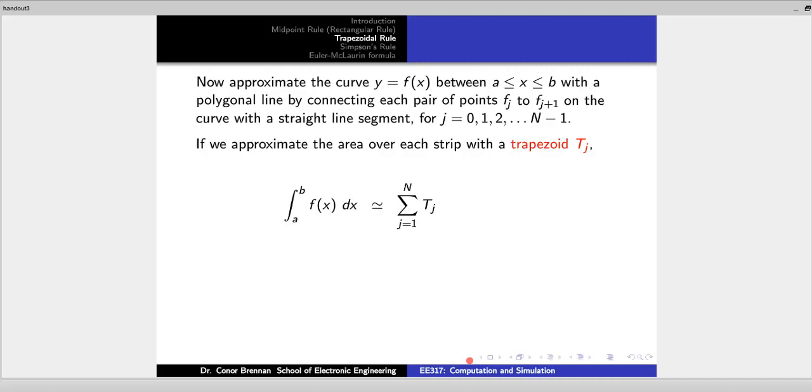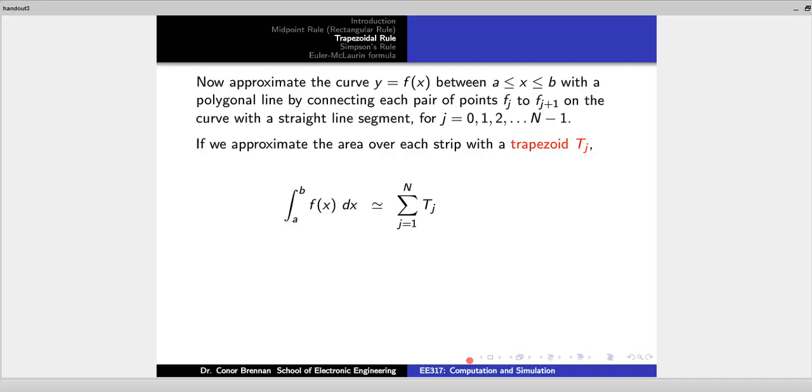Let's look at the area in one of these little strips. So here is the area in trapezoid j. We have x_j to x_{j+1}. And what we do is we estimate the area under the curve by a rectangle, which is in red, and a triangle, which is in green. The area of the rectangle is the width, which is h, multiplied by f_j, which is the height.